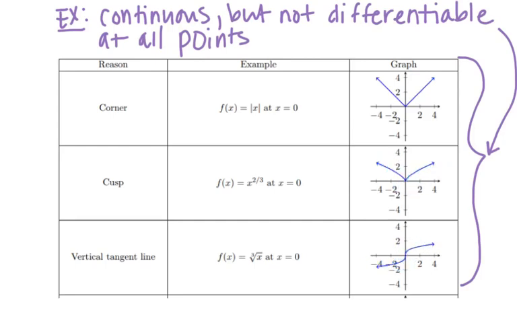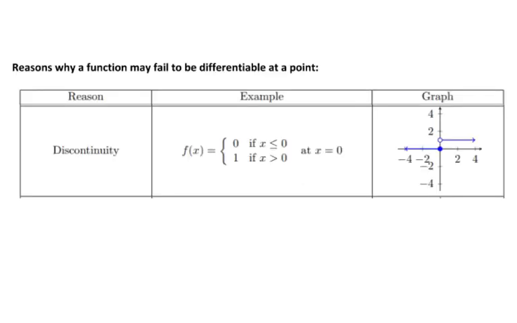However, that has not guaranteed us that it's differentiable at all these points, because for each of these, there happens to be a point of non-differentiability at x equals 0. Okay, so moving on to the 4th one, this is our first example of a function where it's not the slope that's the problem.